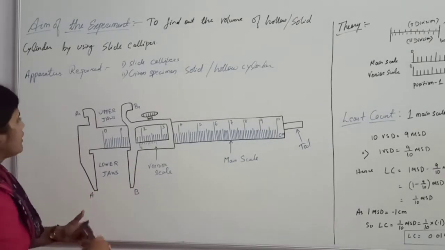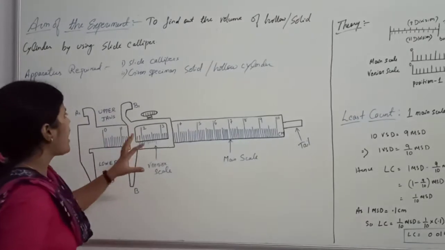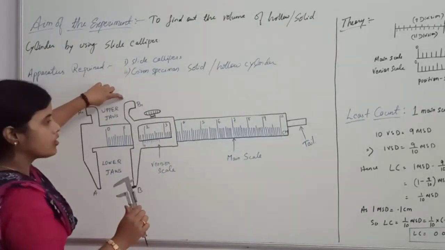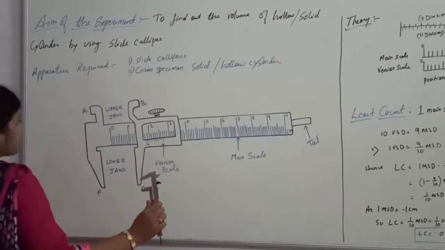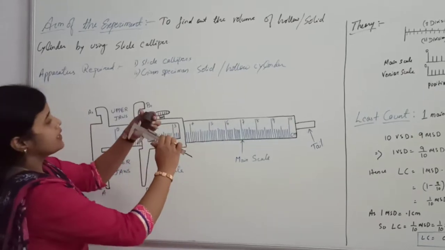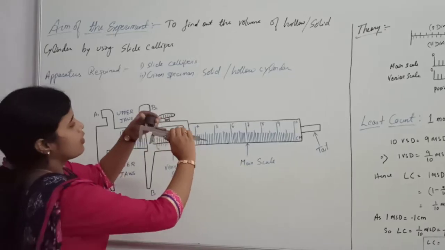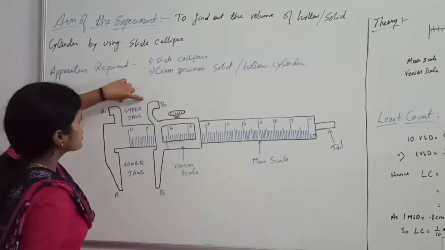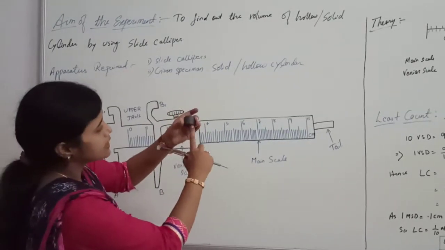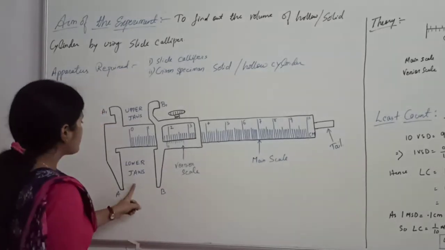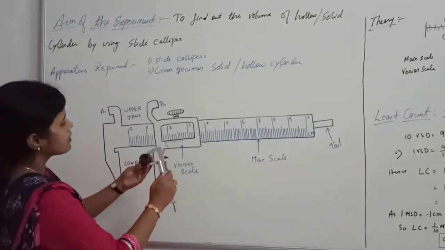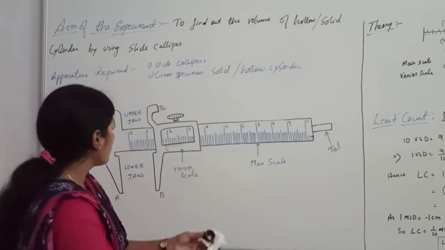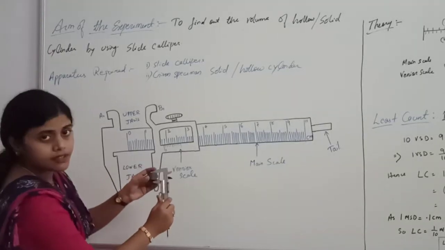Let me tell you the application of these jaws. By using the upper jaws, you can measure the internal diameter of a given hollow cylinder. By using the lower jaw, you can measure the external diameter, and also you can measure the height.